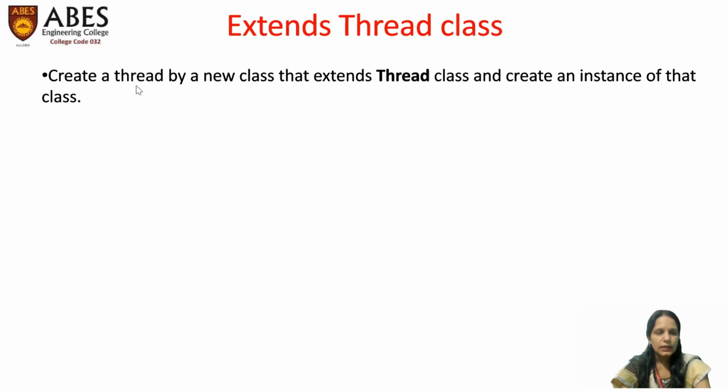This creates a thread by a new class that extends the Thread class. For implementing multi-threading, we extend the Thread class, because all the methods of the Thread class become available, and we create an instance of that class, right?